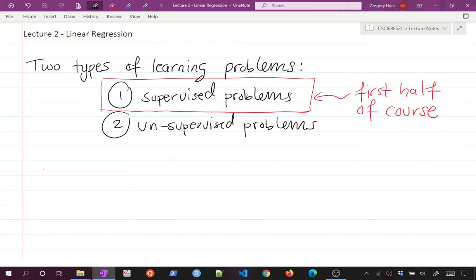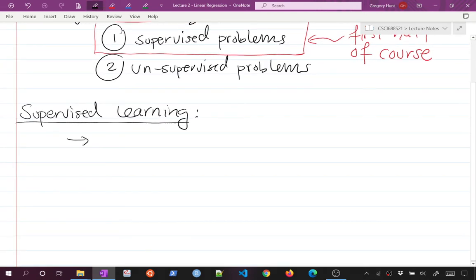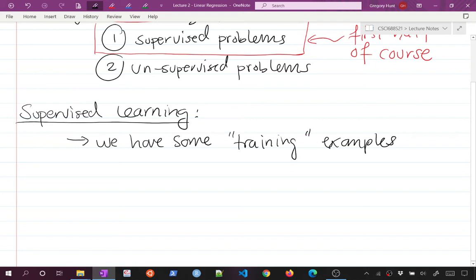So supervised learning is basically the approach where we have some training data, what are called training examples, and we are going to learn from them. And we'll talk about what exactly learning means.